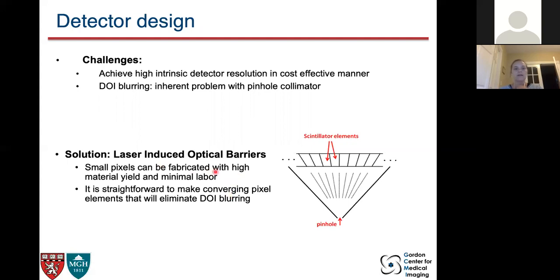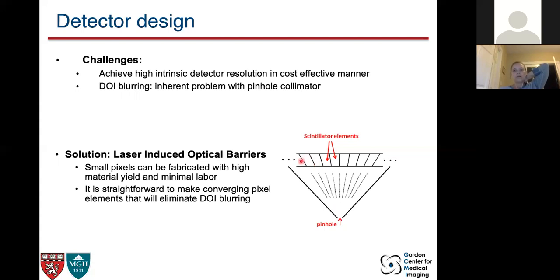And we can use scintillators, which is more cost-effective compared to semiconductors, which are often used in other cardiac dedicated systems. Another thing we can do is make converging pixel elements that have the same angle as the acceptance angle of the pinhole collimator. So this will eliminate the DOI blurring.